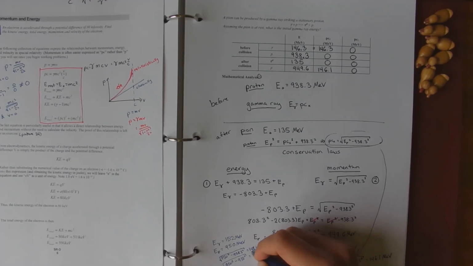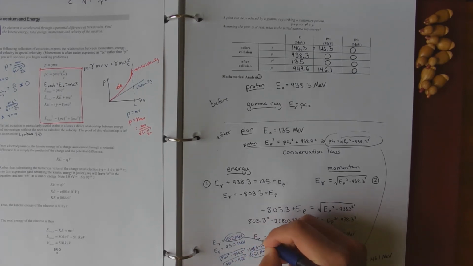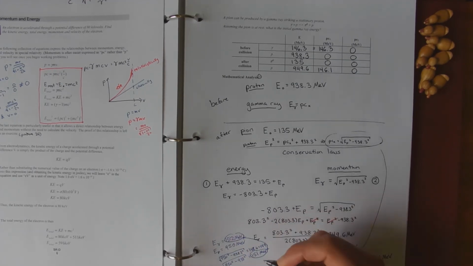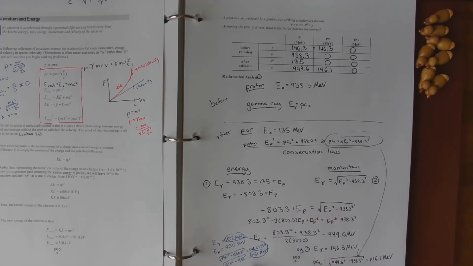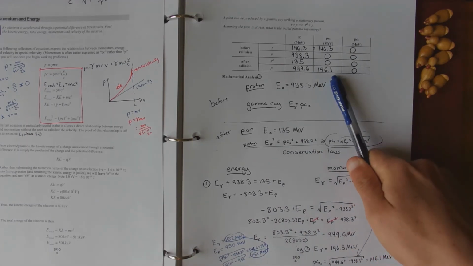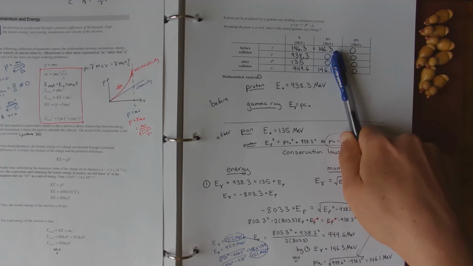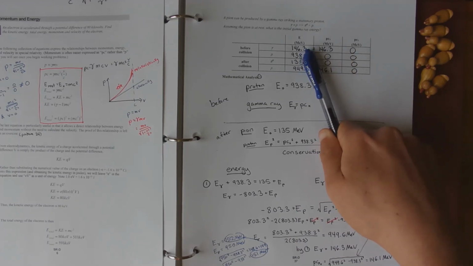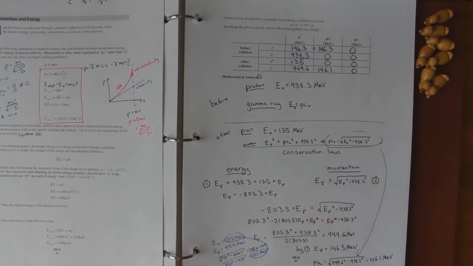So if we do that, then this looks a lot better. This is actually the momentum for the proton, but that should be equal to the momentum for the gamma ray, which should be equal to the energy for the gamma ray. So if we round to 3 significant figures while we do our calculation, then it works out.